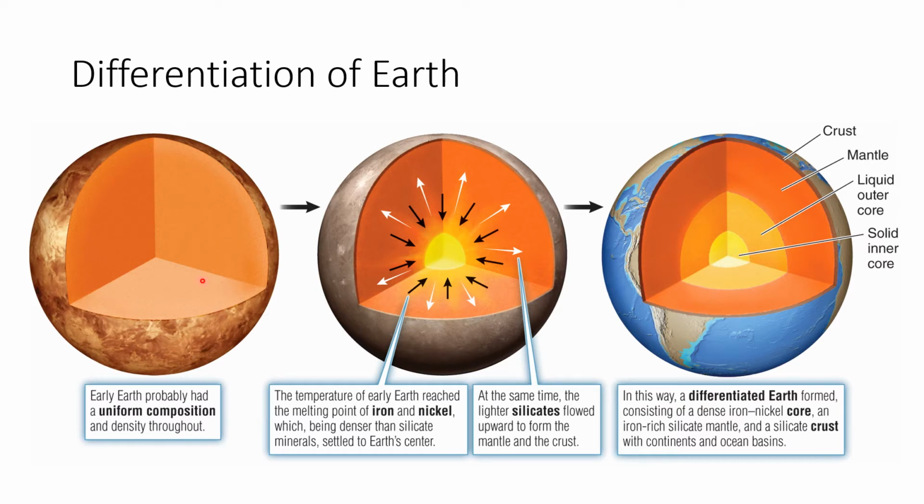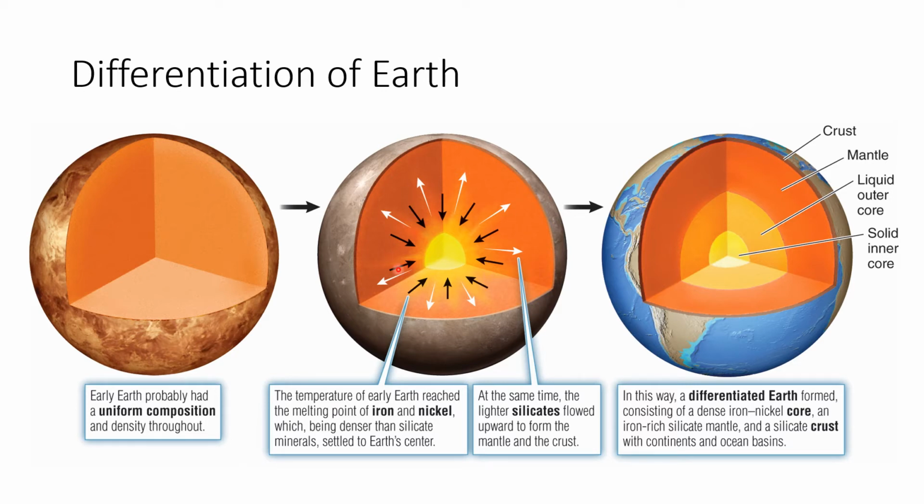So right here you have just a uniform composition. It's just all the random stuff, the average of all the elements, any preformed minerals, anything like that. So it's just a ball of those minerals. But you have compaction and you have other stuff going on here. We'll talk later about the radioactivity and how it could be generating some of the heat down here, but certainly the compaction is generating some heat as well.